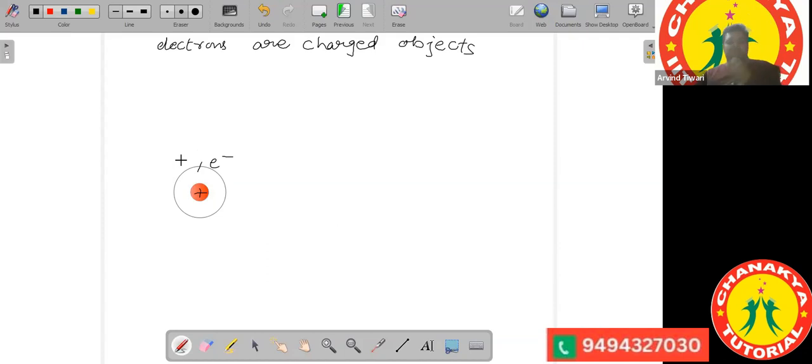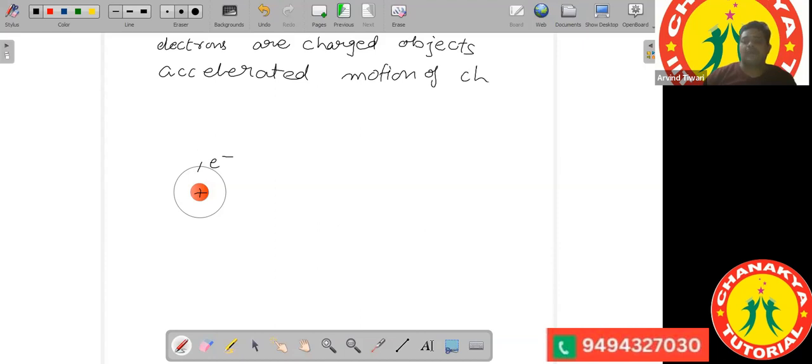Electrons must give out energy when they are revolving around the nucleus. So this is an accelerated motion. An accelerated motion of electrons will give out energy. Accelerated motion of charges radiates energy or gives out energy.